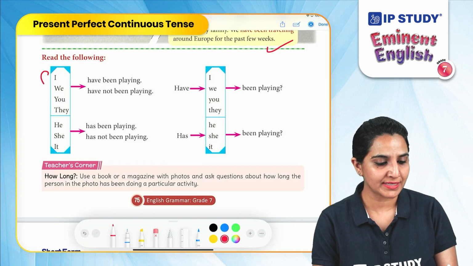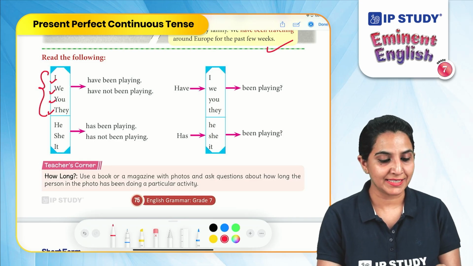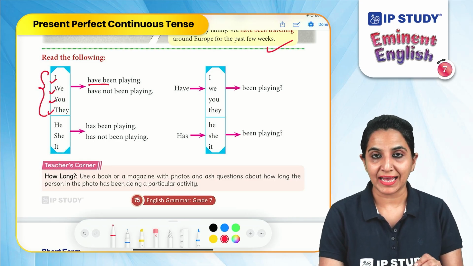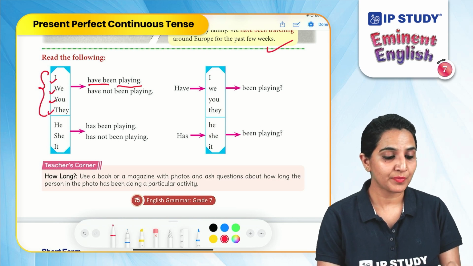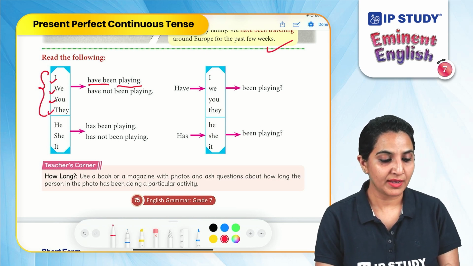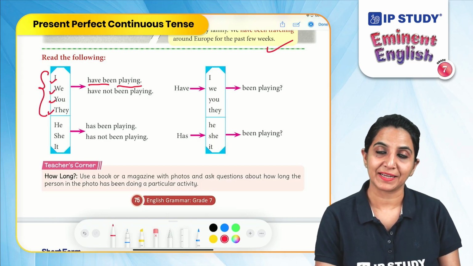With the subjects I, we, you, they, we have simply added have been and the ing form of the verb. So the sentence becomes I have been playing, we have been playing, you have been playing, they have been playing.